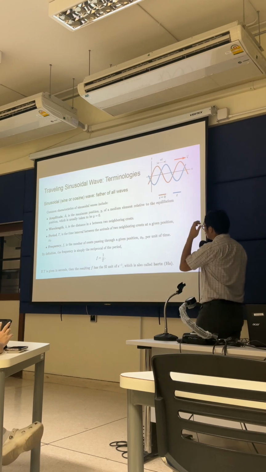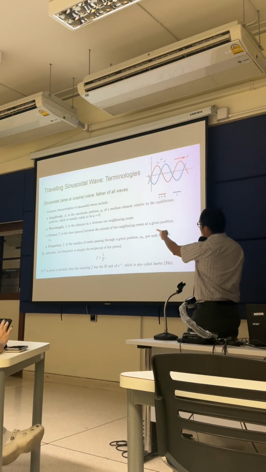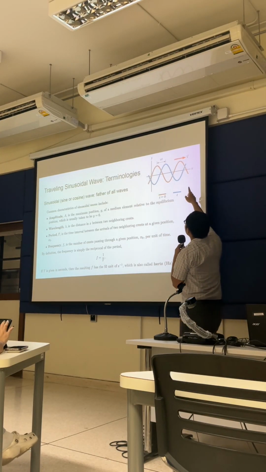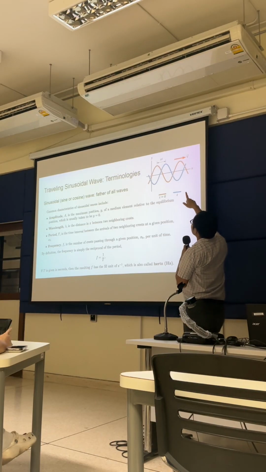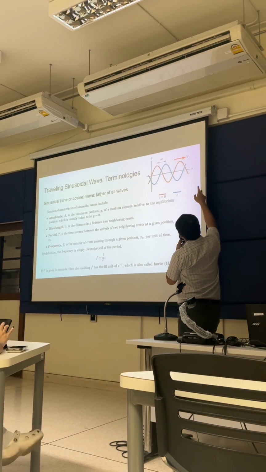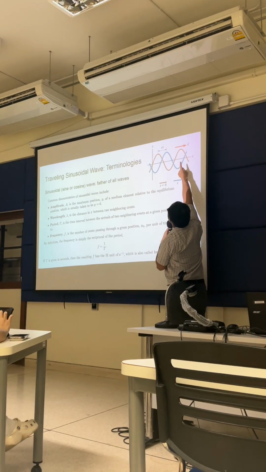Which is, well, we can even talk about the period first, just follow the order. So the period is the time interval between two peaks in the red. Say if we are here, we see one peak passing through.